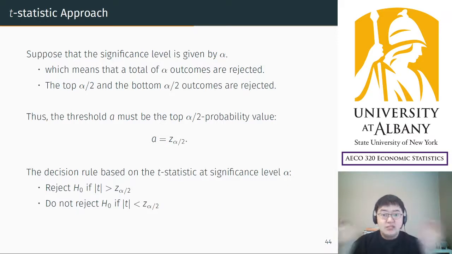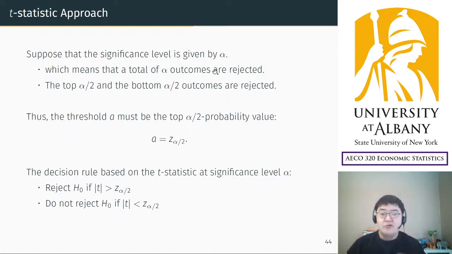The extreme most suspicious outcomes lie on the right side tail as well as the left side tail. So you have to split alpha into two sides. I'm going to reject the top alpha over 2 percent and the bottom alpha over 2 percent. That's what the significance level alpha means.